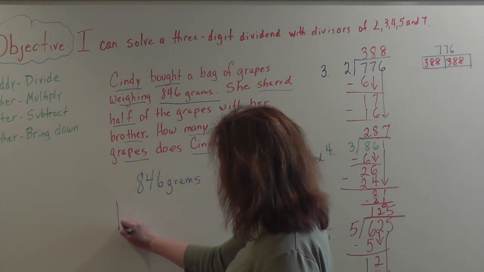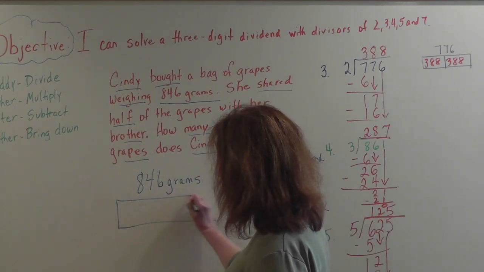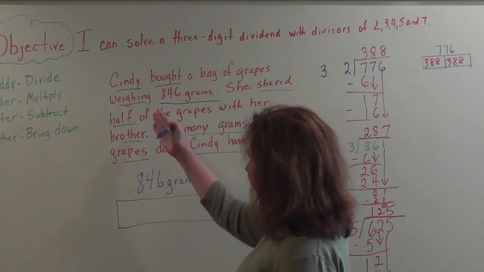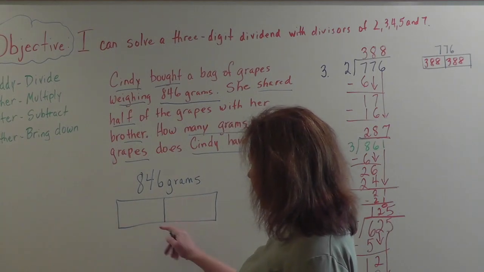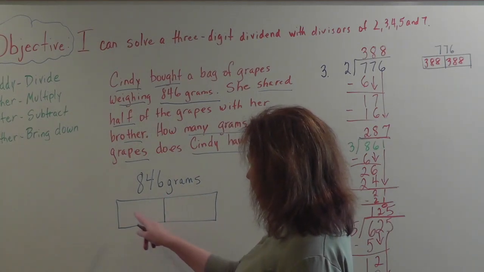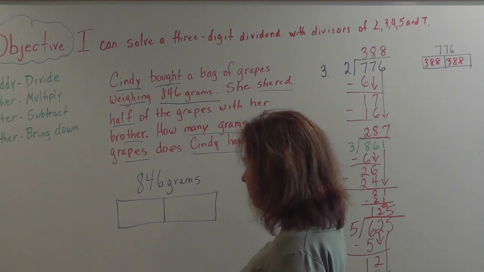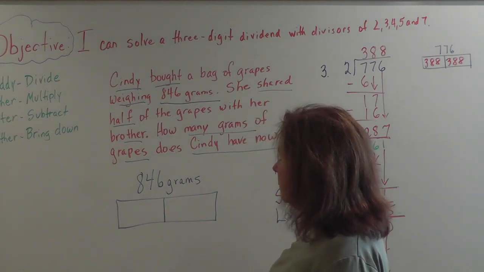Okay, I'm going to draw a tape diagram. And half means I'm going to put a vertical line halfway in between to make two parts.